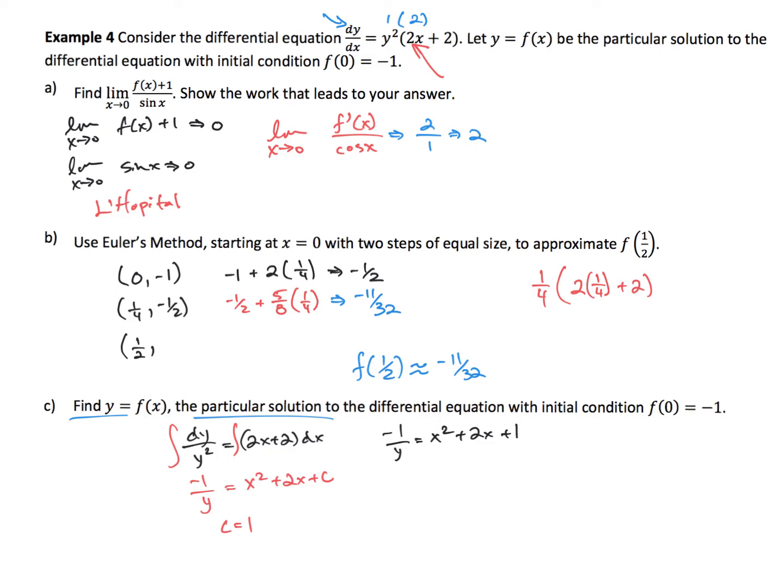Then what's y equal? -1 over x squared plus 2x plus 1. Now, what do we get to substitute? Oh, you know what? It doesn't ask for it, but we're doing it. I want to see how close this is to our actual, just because I want to. All right, what would we do? We substitute in 1/2. So we're going to find y of 1/2. So we get -4/9.